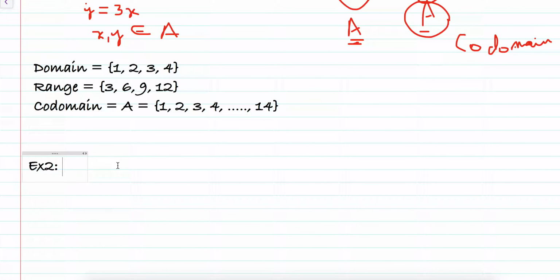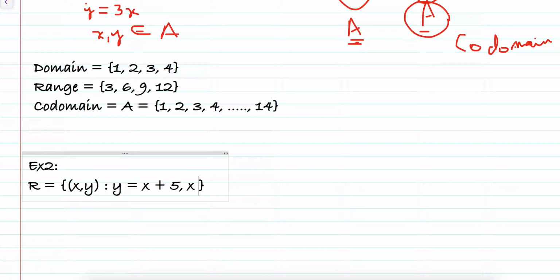So now I will take a second example. In this, the relation R is defined as the pairs (x, y) such that y is equal to x plus 5, and x is a natural number less than 4.